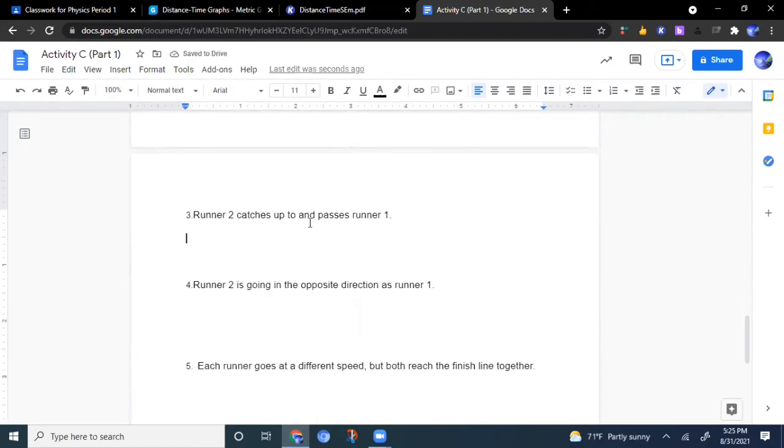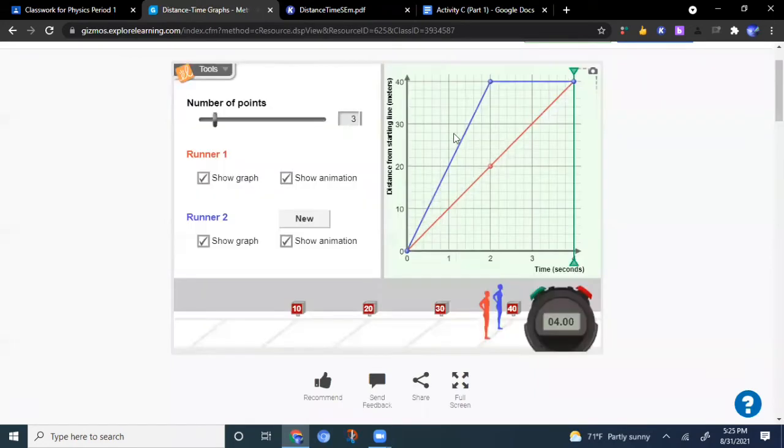Number 3, runner 2 catches up and passes runner 1. Okay, this is the one I was mentioning earlier, in which case we'll put this down to 2 points. And I'll start with runner 2 here. Runner 1 is going to have a head start.